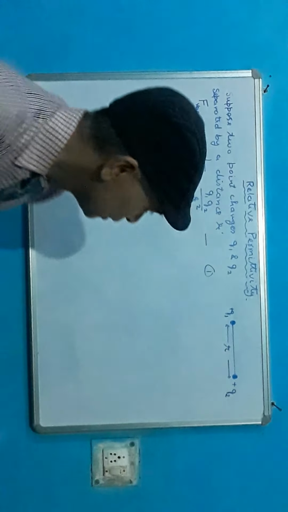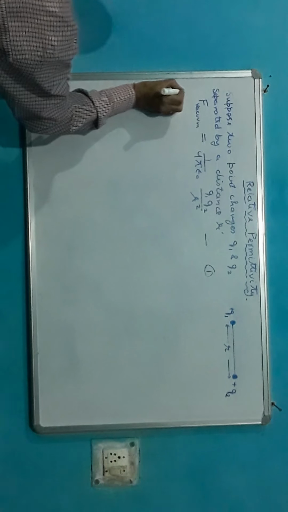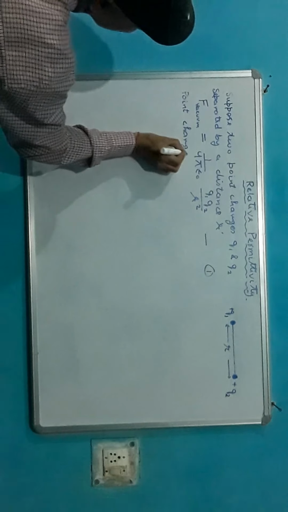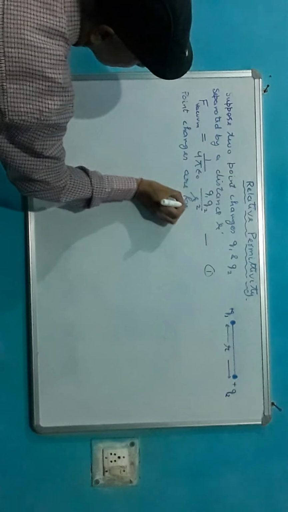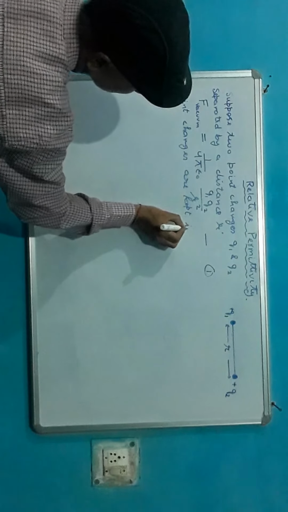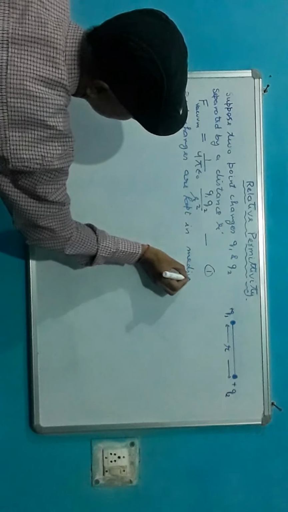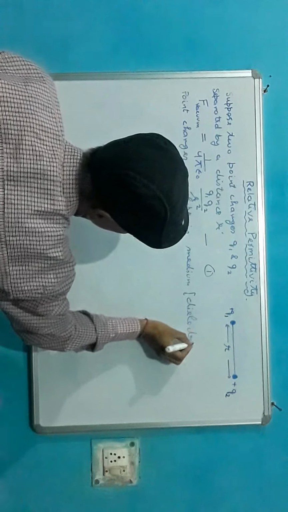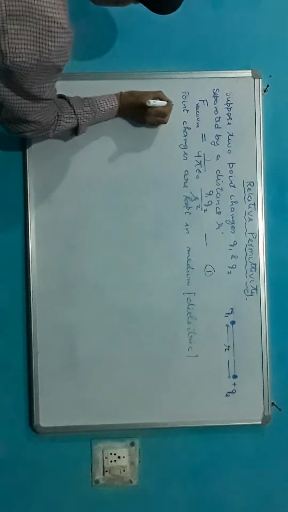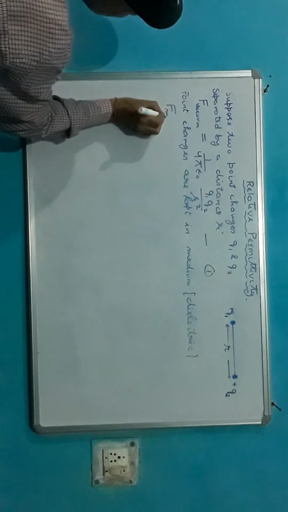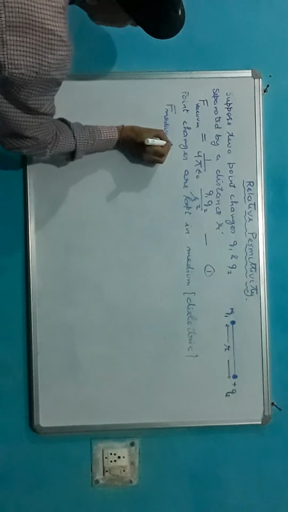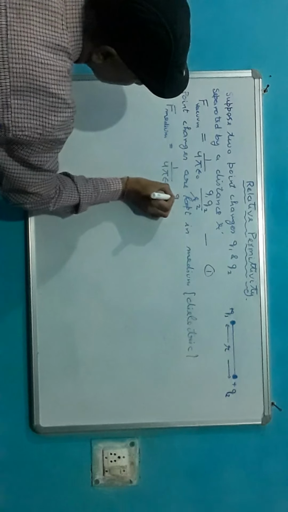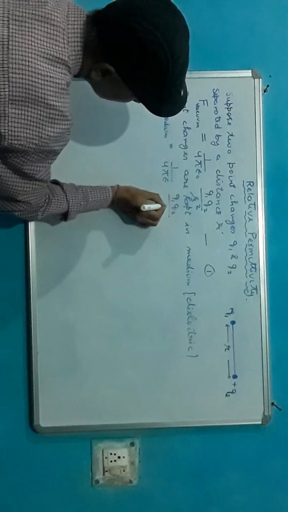So, if I consider these two point charges kept in a dielectric medium, in that case I can write the force of interaction between them, F medium, is equal to 1 upon 4 pi epsilon, Q1 Q2 upon r square.